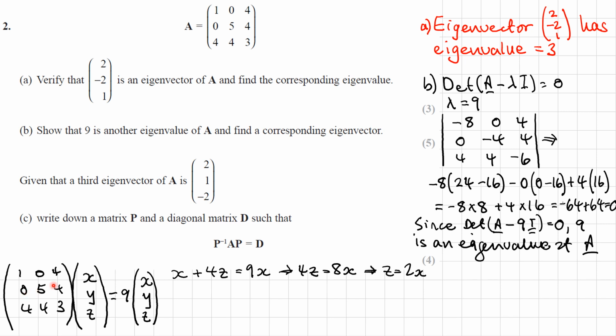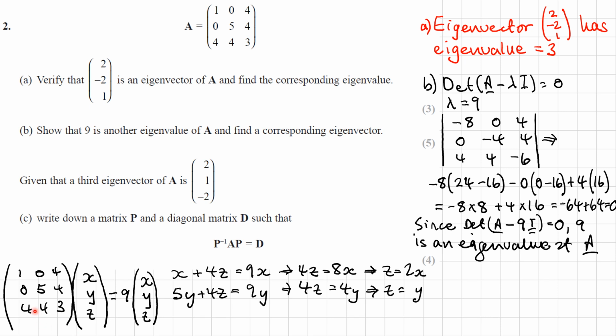Second row, 0x plus 5y plus 4z is going to equal 9y. If I take away 5y from both sides, I've got 4z is equal to 4y, so z is equal to y.